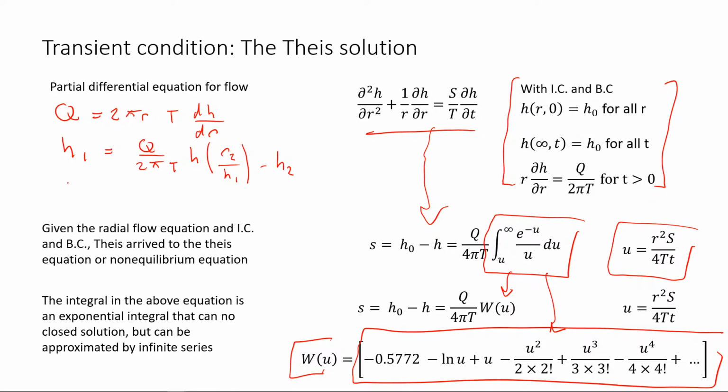Then you had another equation like S1, for example, equal to H0 minus H1. See, this is called the closed form solution.